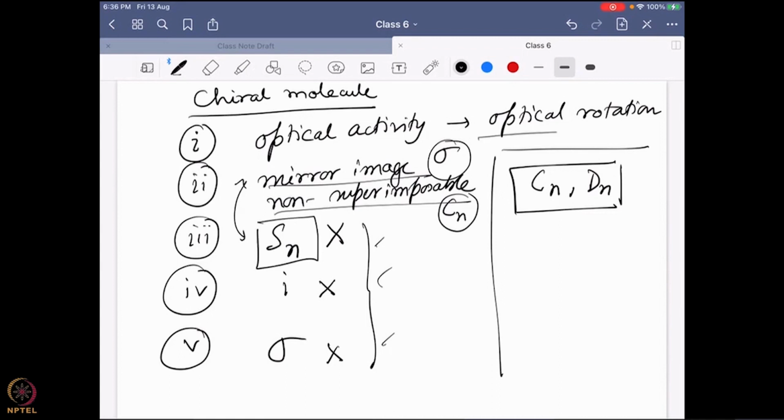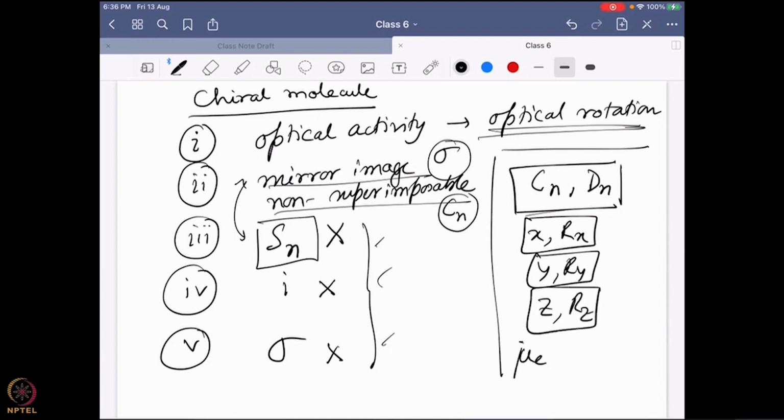Optical rotation. Why is it happening? Because in Cn and Dn point group, you have x, Rx coupled together, or y, Ry coupled together, z, Rz coupled together. That means you can have mu E and mu M both active at the same time. You can create the helical motion.